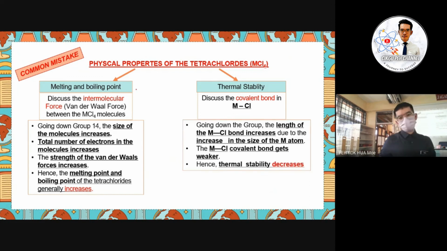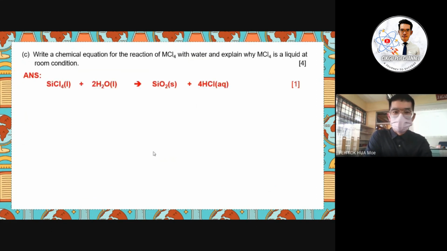When we discuss the stability, going down the group, the size increases, the bond to the Cl will be longer. So the bond strength will decrease. So the thermal stability decreases. See, this is a more common mistake made by the students. 4 marks here for this question.